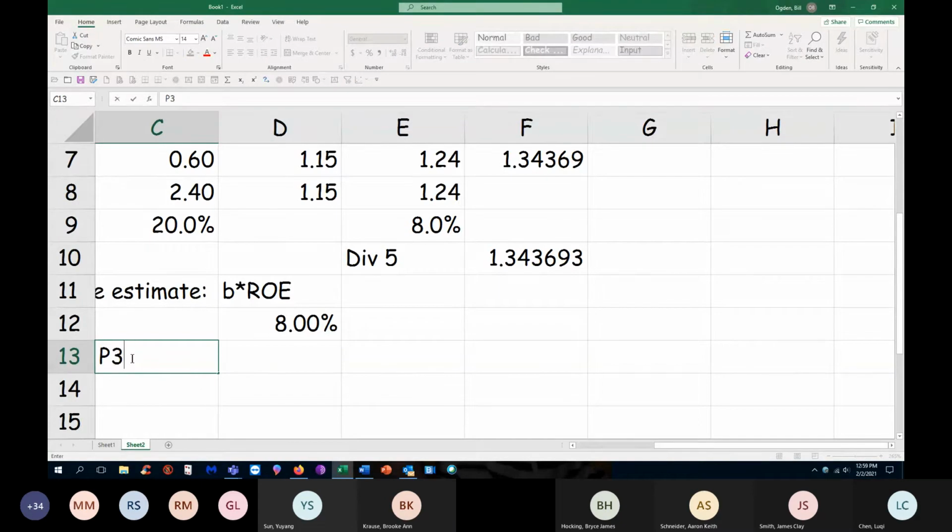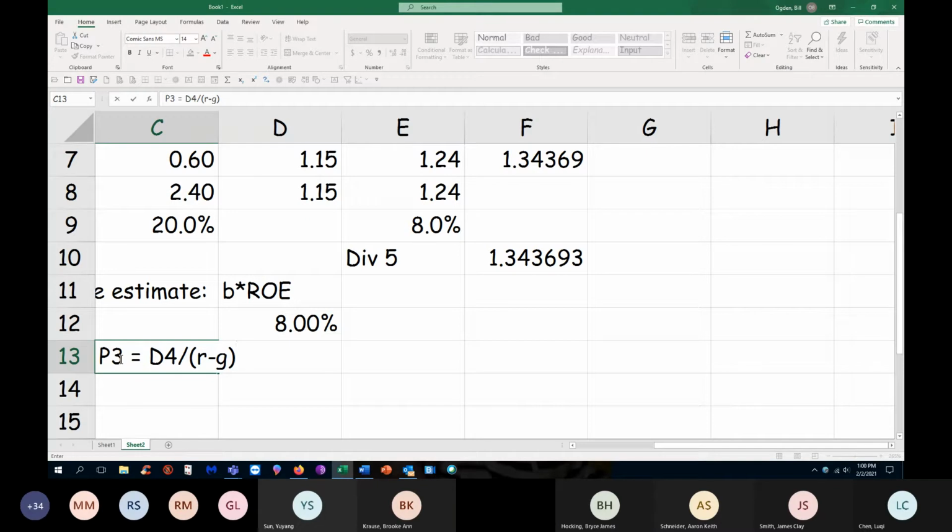P3 will equal D4 divided by R minus G. Okay. And so what is P3? So P3 is the present value of dividends 4, 5, 6, 7, 8, 9, 10 to infinity, valued at the end of year 3.